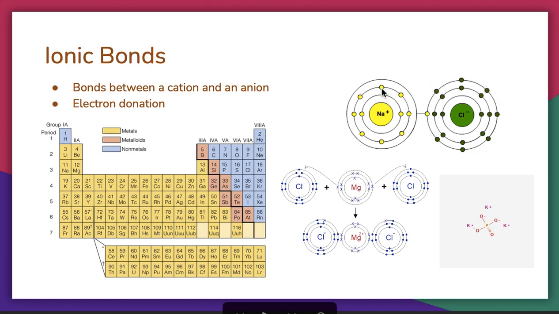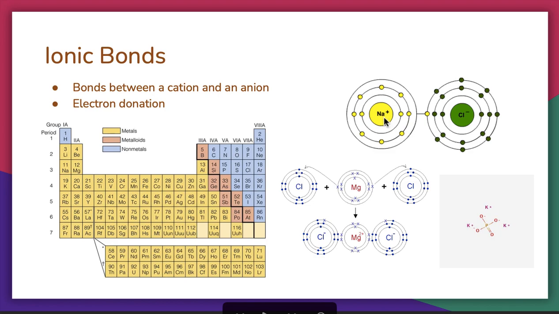You can see that sodium has 8 little yellow dots, which represent electrons, in its outermost shell. And chlorine also has 8 little dots; even though they're not the same color, it doesn't matter because they're all electrons. So they're all completely filled, so that's a sign of ionic bonding.